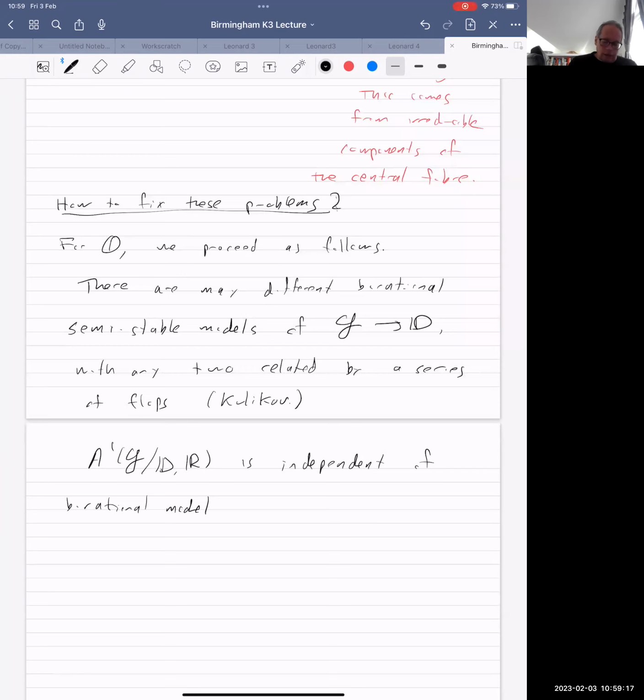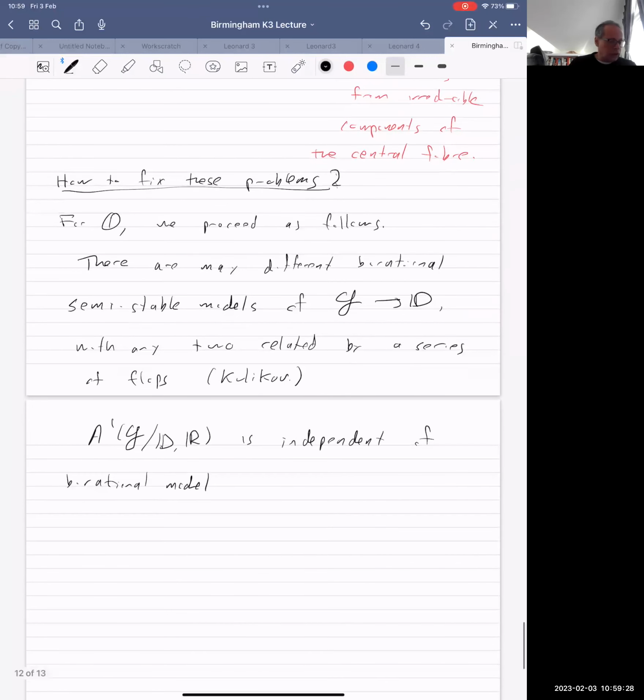And if you let the model vary, the relatively ample cones produce a possibly infinite fan in this vector space.